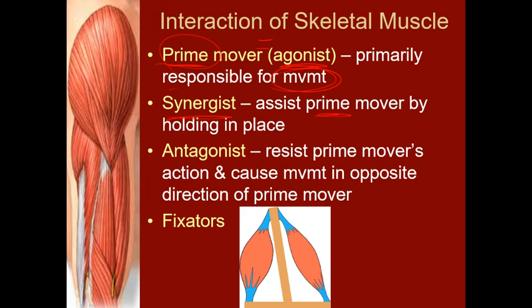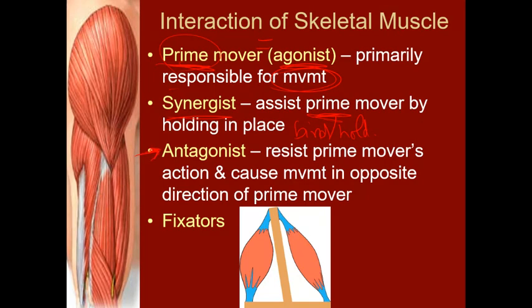As I move my arm up, right, I really don't want those joints flopping around. I don't want my arm falling out of place. I'm going to have other muscles and other structures that bind and hold things into place so that this guy can actually do his job correctly. The antagonist is the guy that works opposite.